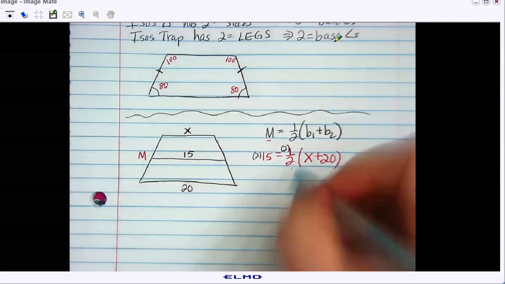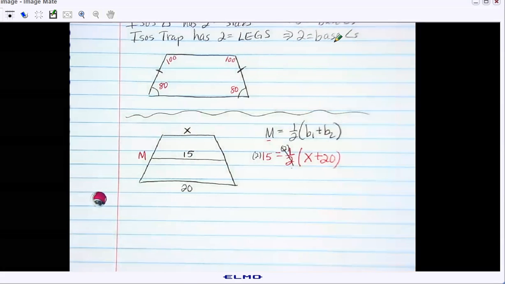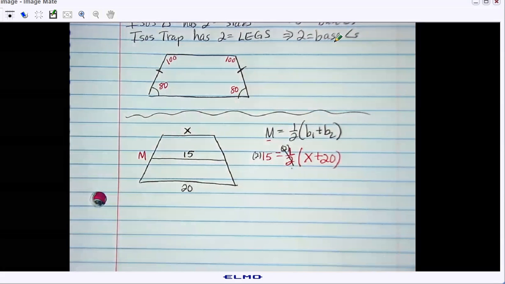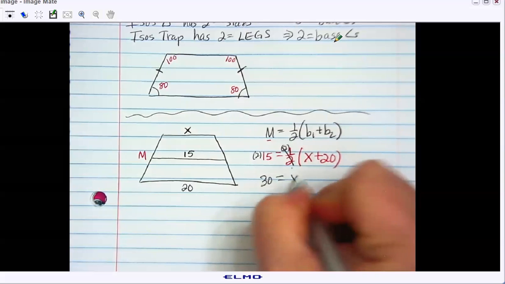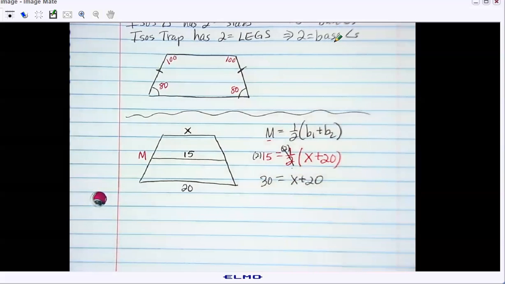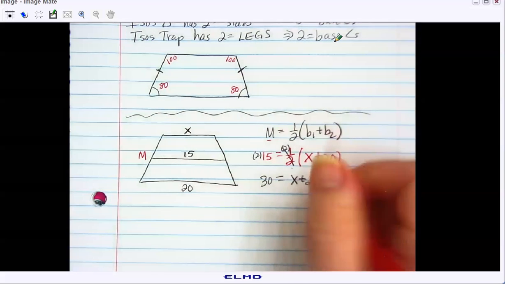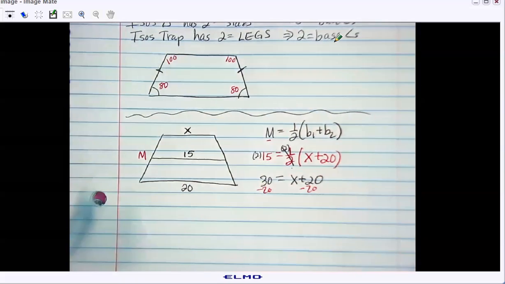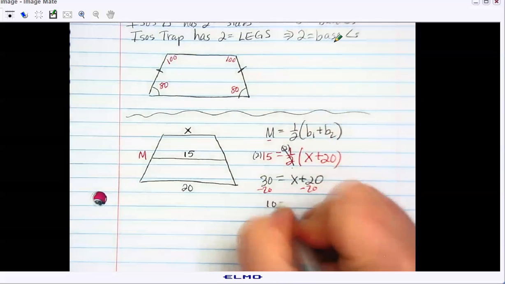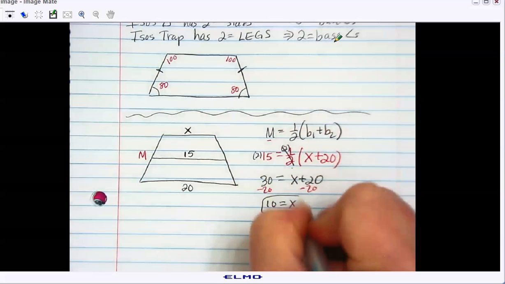That will allow me to cancel those, never to be seen again. So now I have 2 times 15, or 30, is equal to x plus 20. And now we just have a simple equation. I can subtract 20 on both sides, and we get the answer we knew we would get, which is 10 is equal to x.